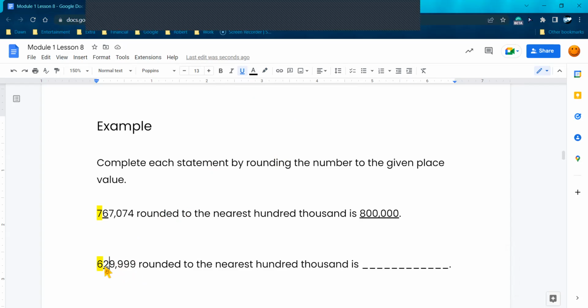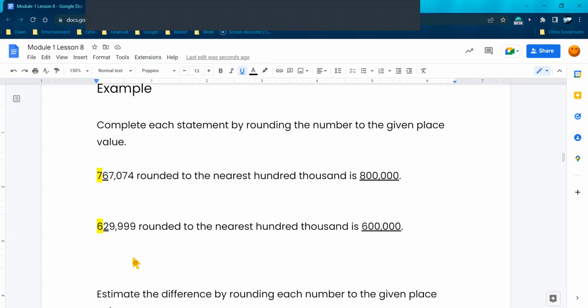And I see that the 2 is 4 or less. So because we're letting it rest, it means the 6 doesn't change. So I'm going to do 600,000. Because once I get the 6 knowing it's there, remember I look to the right, put zeros in sight. So every number after the 6 is a 0.